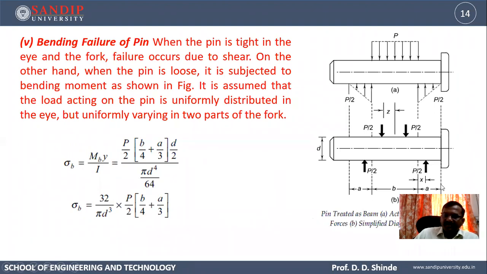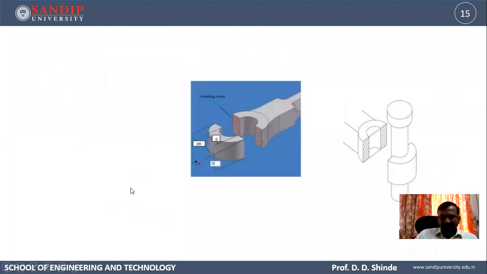And bending moment from this equation will be P by 2 in bracket B by 4 plus A by 3. So this is the final equation. So from this equation, you will get the bending failure of the pin. So what you can do is you can put the empirical values of A and B, and you can check the bending and shear stress of the pin.